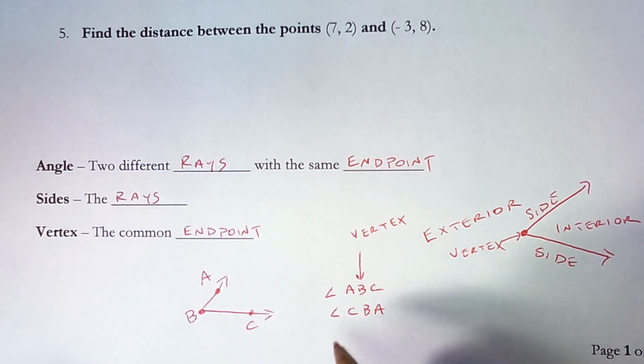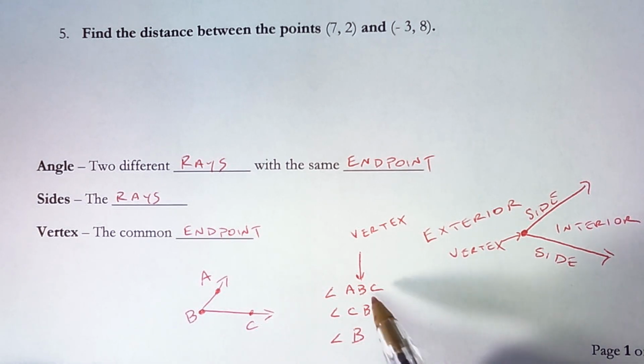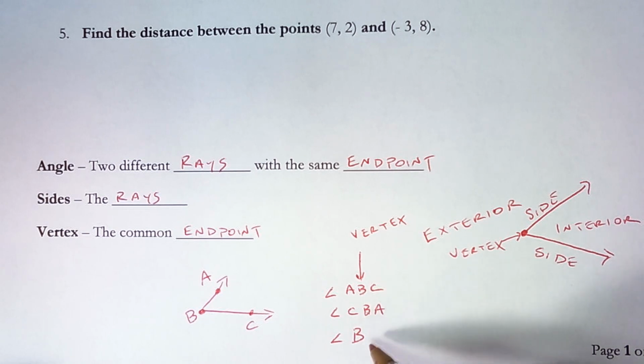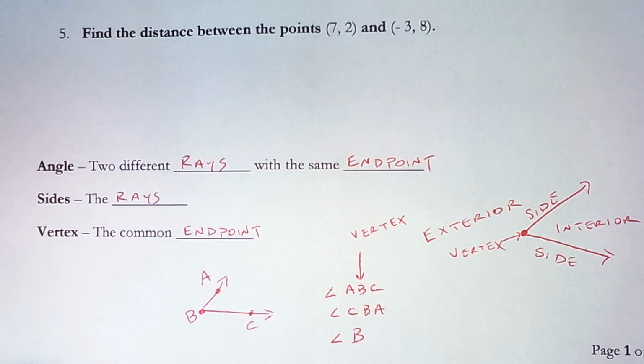I could actually just call it angle B. Okay, so I can name it by 3 points with the vertex in the middle, or I can just name it by the vertex as long as there's only one angle in the picture. And we'll talk about what it might look like if there's more than one angle when we get to the back page. Okay, so 3 letters with the vertex in the middle, or just the vertex, but make sure you have an angle symbol there.